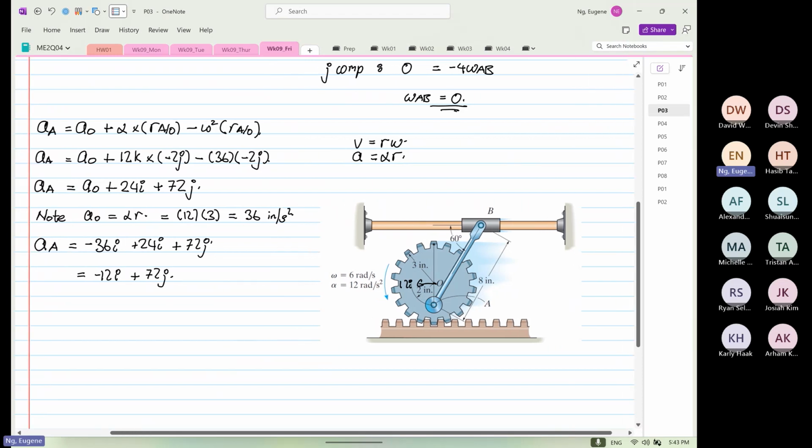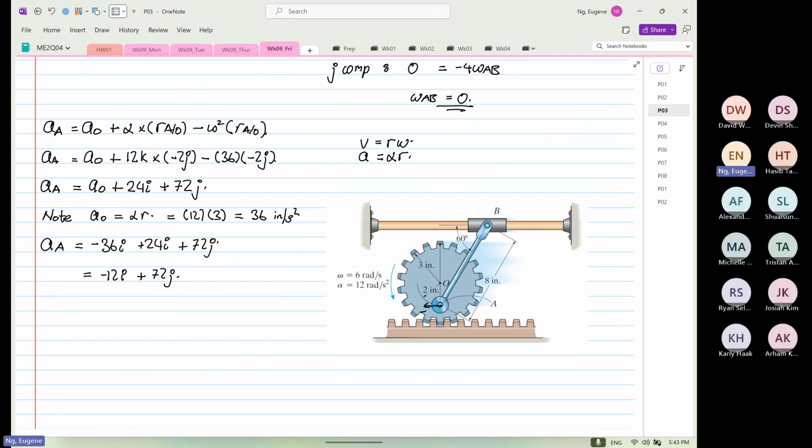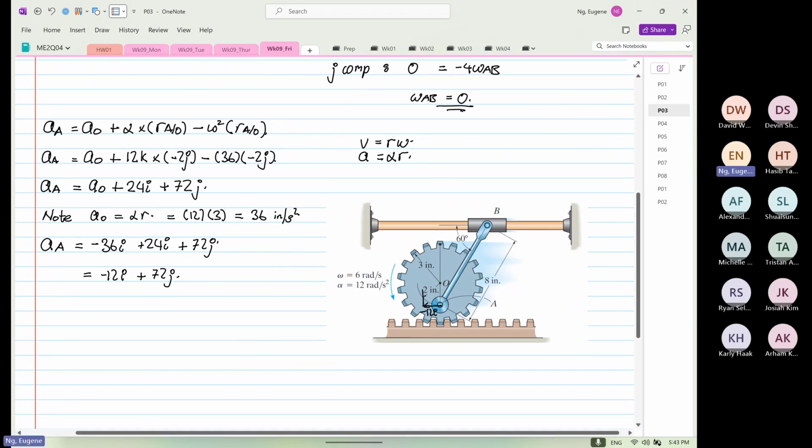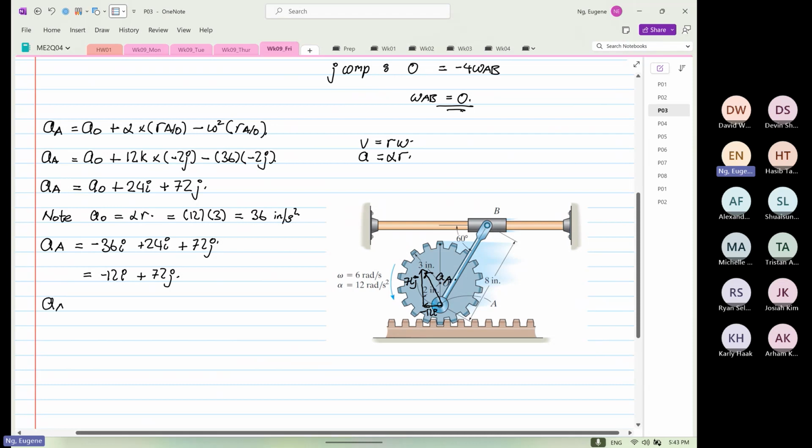Oh, acceleration at point A, Eugene. Okay. We know that it's going at minus 12I. And the vertical component is 72J. So now we are going to determine acceleration at point A. So the magnitude for acceleration at point A, in fact, this is a very good example.